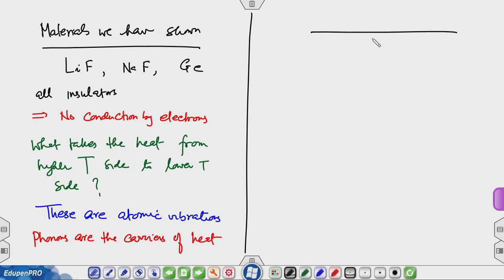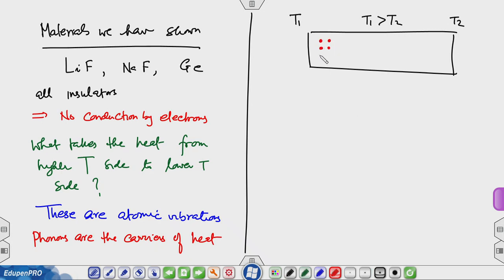So, if I have the sample at temperature T1 and T2 at the two ends, where T1 is greater than T2, then the atoms on the left hand side are really doing motion with large amplitude. So, the amplitude is quite large. Let us show it by this big arrow.